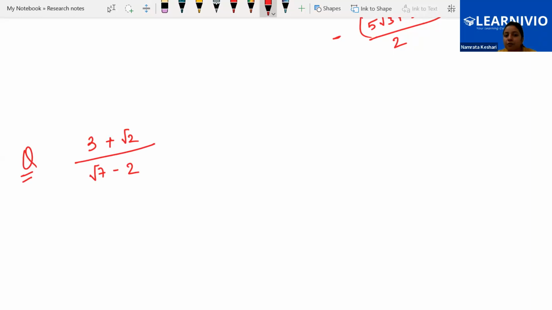Basically, we don't have to focus on the numerator. The numerator can be anything. It can be 1, it can be 7, it can be 5, it can be any other number or any other terms. That is fine. But the denominator has to be of the x plus y or x minus y type of terms, so that we can make the formula and then rationalize it. Please do it, Saad and Samya.